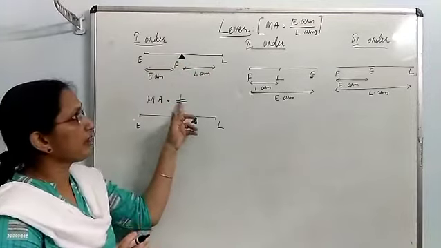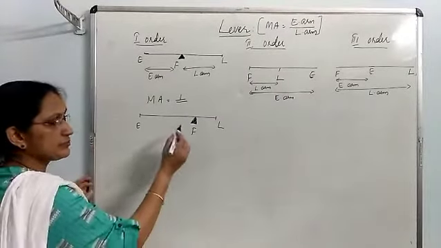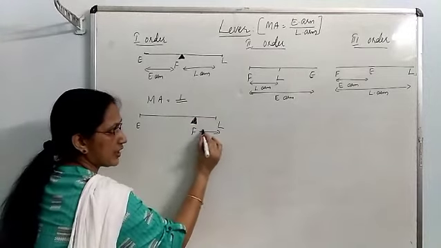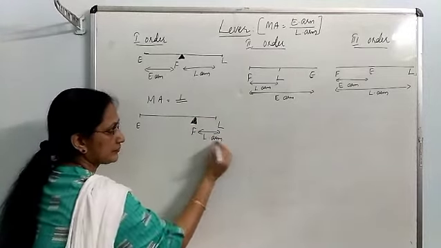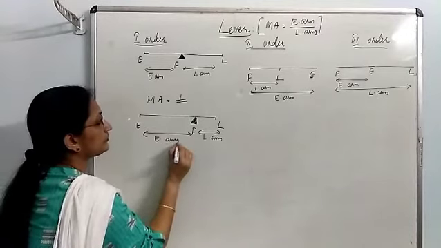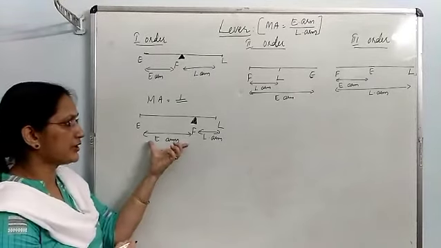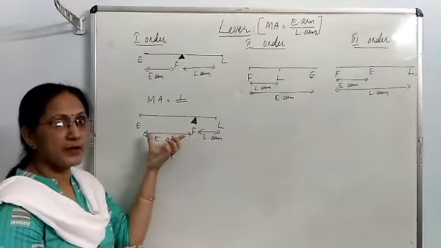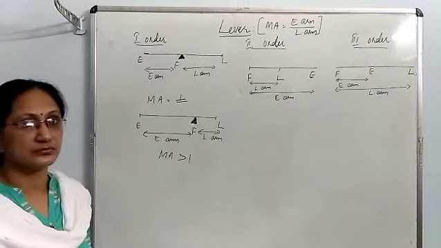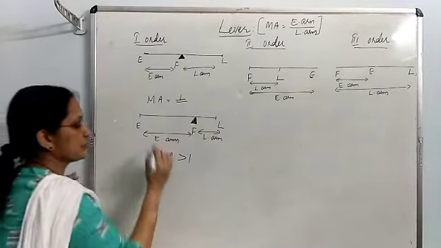That is why MA came as 1. Then here, since fulcrum is shifted towards load, load arm became shorter than effort arm. Then what will be its MA? MA is effort arm upon load arm. Effort arm is longer, so MA is greater than 1. Then third case, what will happen if fulcrum is shifted towards effort?